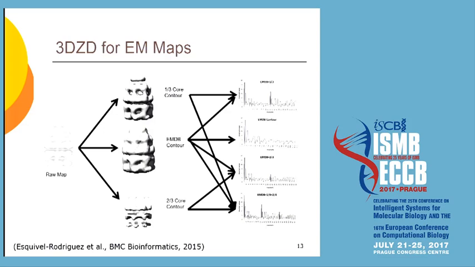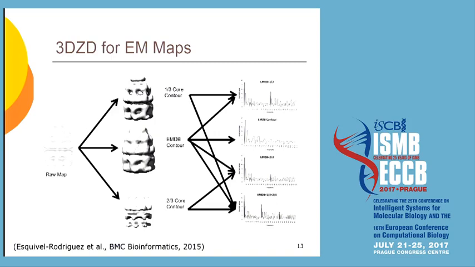So in the EMSurfer, given a raw EM map, first we identify the contour level. In the EMDB, usually the author recommends a particular contour level.